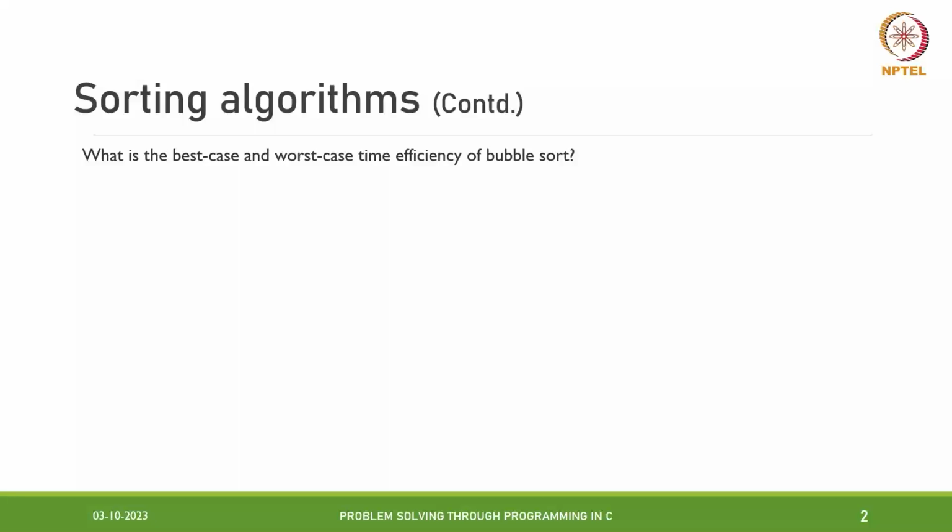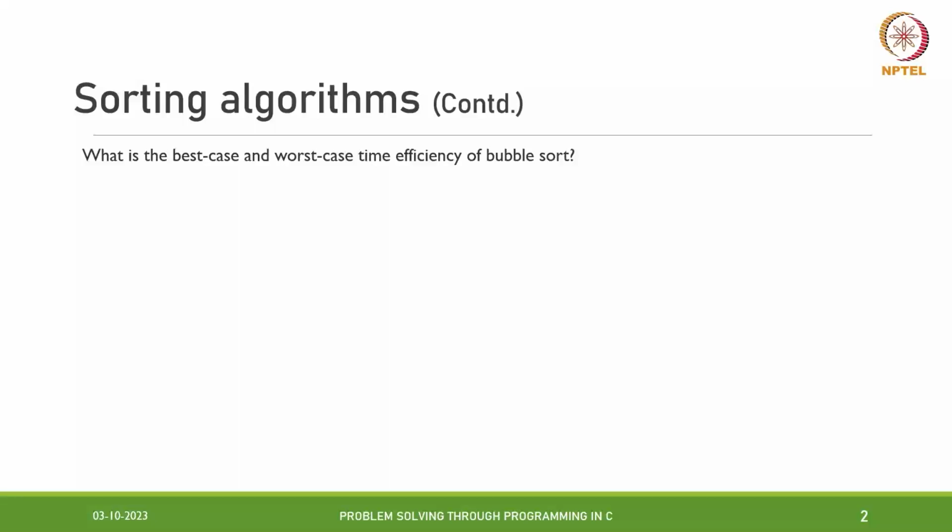Yeah, so let me start with bubble sort. Like the usual way we do for the selection sort and the insertion sort, we will also calculate the best and the worst case time efficiency for bubble sort.